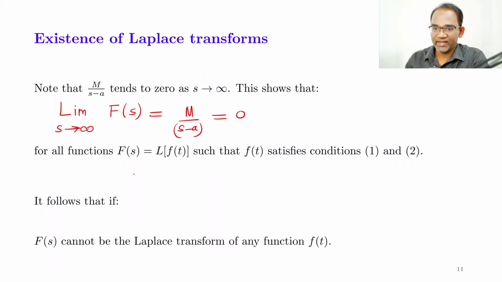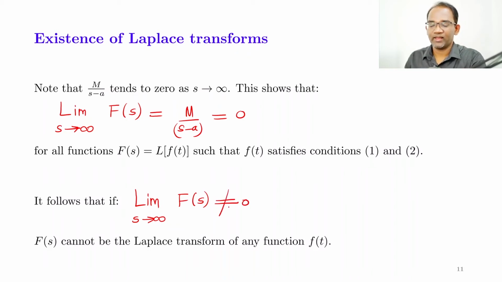Now it follows that if the limit as s tends to infinity of F(s) is not equal to 0, then F(s) cannot be the Laplace transform of any function f(t).